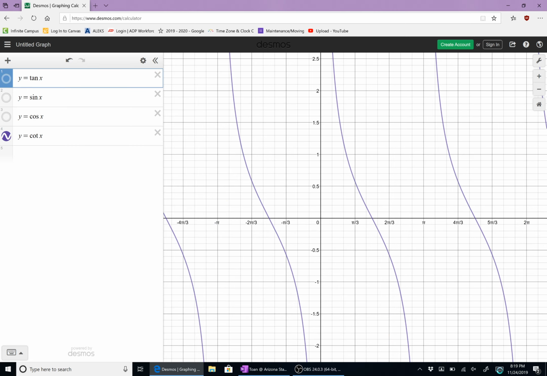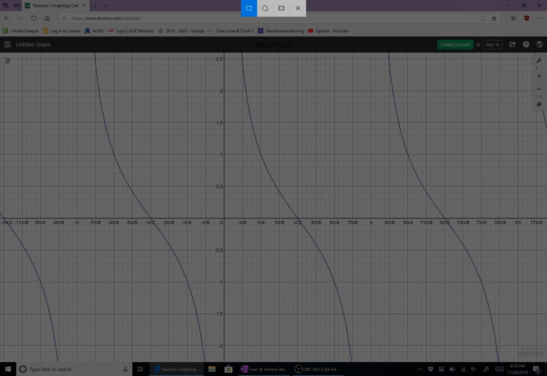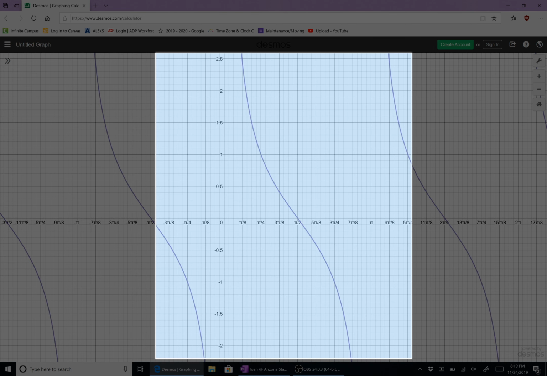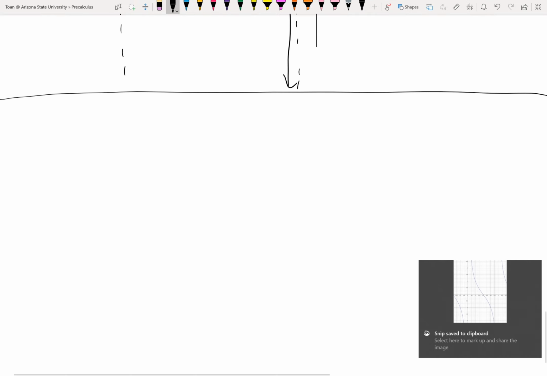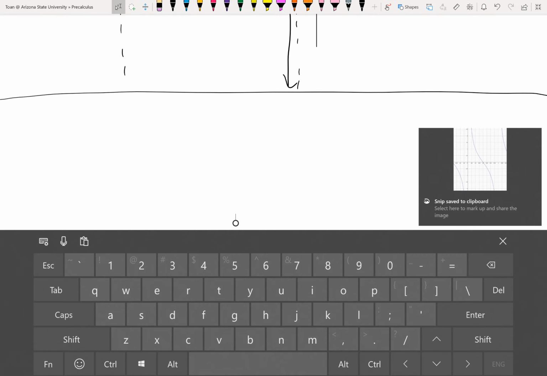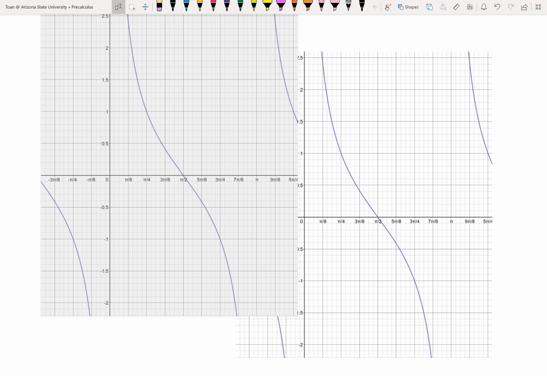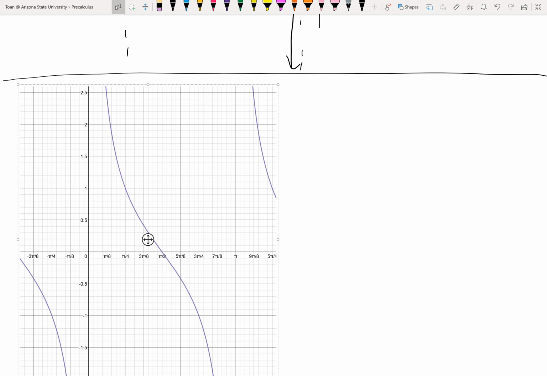So for the record of our notes, I'll try to take a snippet here. Hopefully that's not too big. So here is the basic parent function of cotangent.